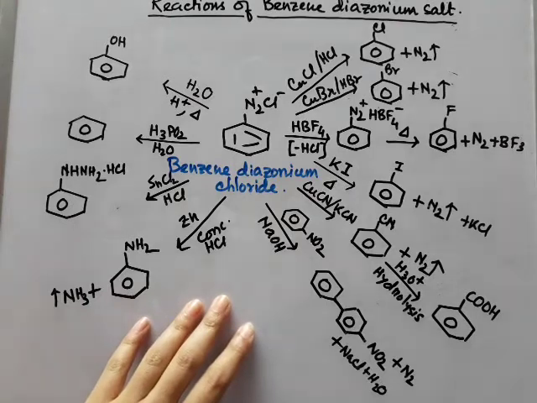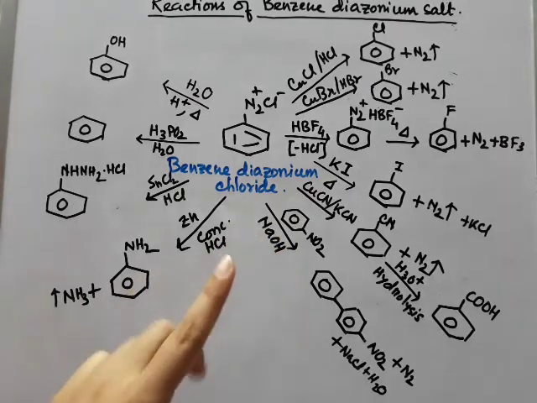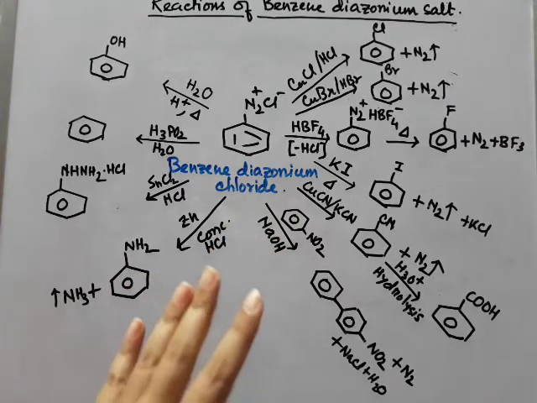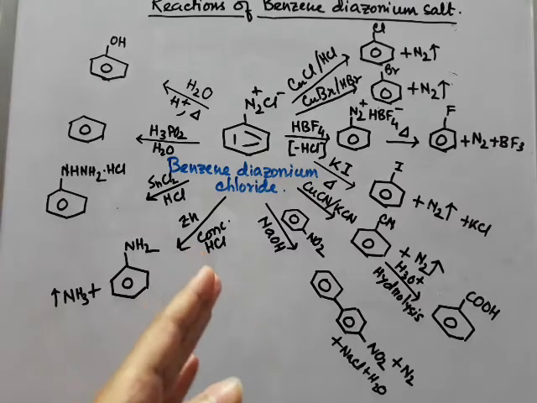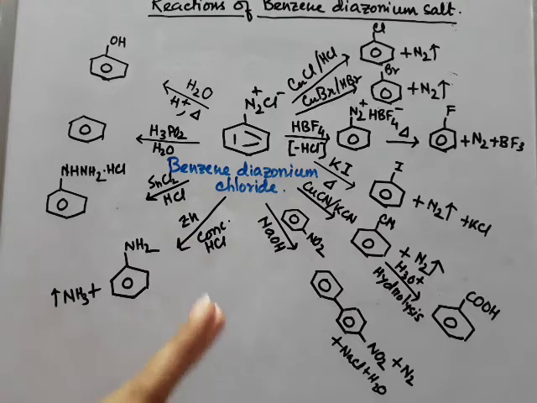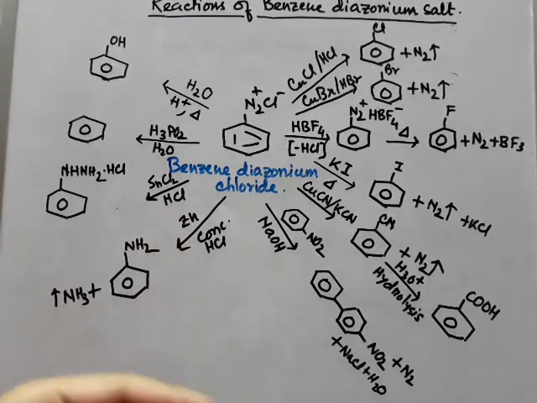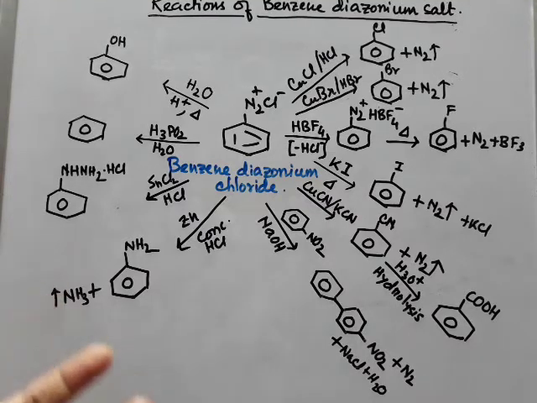Apart from this one, benzene diazonium salts can undergo another type of reaction which is known as coupling reactions. Actually these salts can readily combine with phenols, naphthols and aromatic amines to form very bright colored azo dyes.